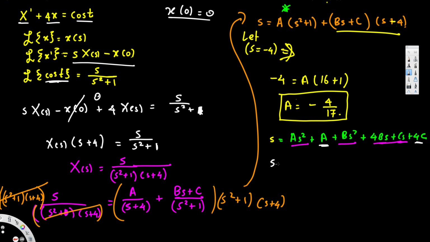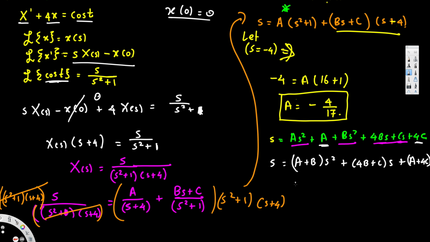S is equal to a plus b times s square, plus 4b plus c times s, and then a and 4c are constants, so plus a plus 4c.